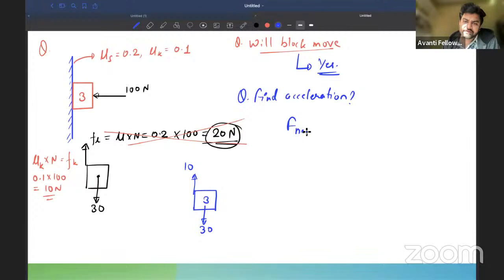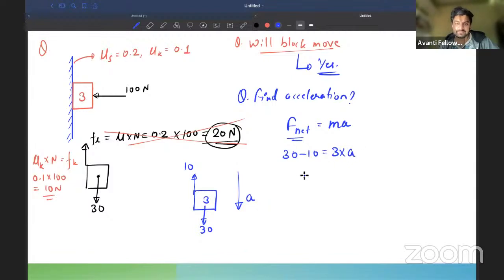Easily we can find, F net equals ma. Net force is how much? Downwards 30, upwards 10. So net force is 30 minus 10, that is downwards. So this block will be moving downwards with an acceleration. Mass is 3. Acceleration is a. So 20 by 3 is the acceleration. Fine.